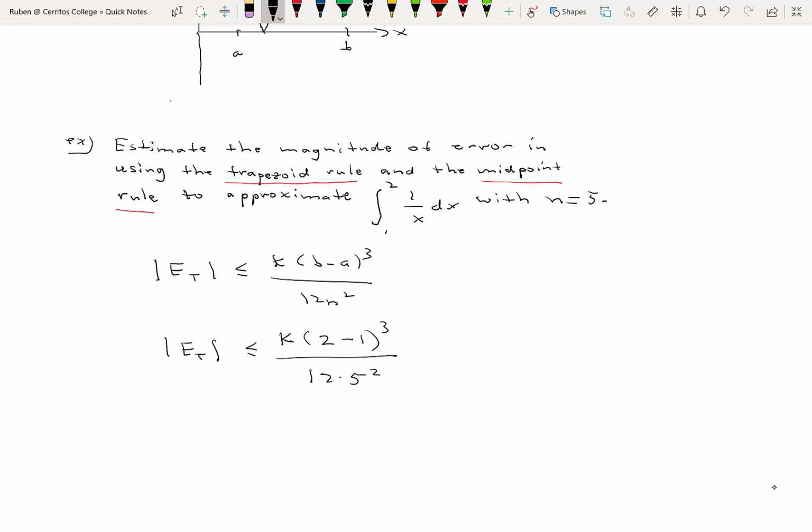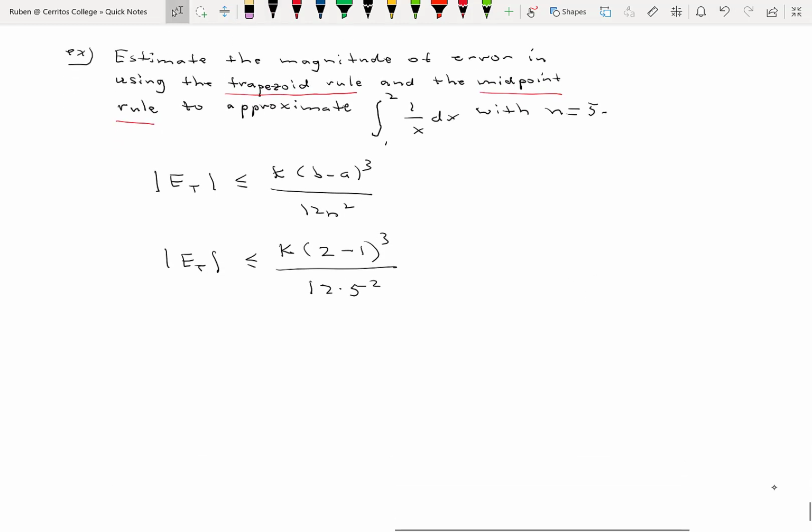As soon as I can figure out k, I can put that k into the right-hand side, and I get an estimate of the maximum value of the magnitude of the error. So we need k. There's no getting around that. Let's get k. Remember, k is some number, and there are many different possible values for k.